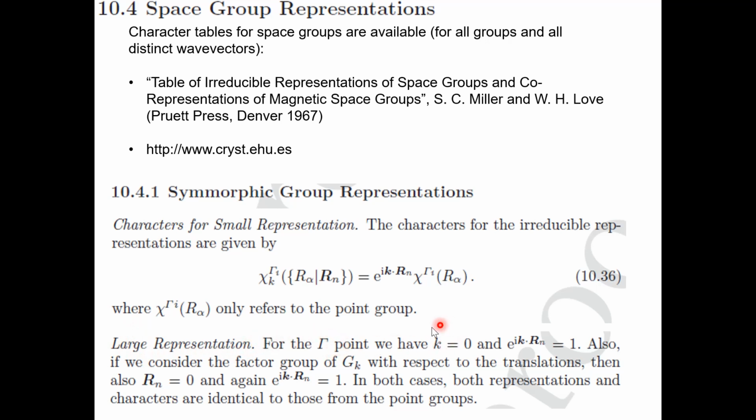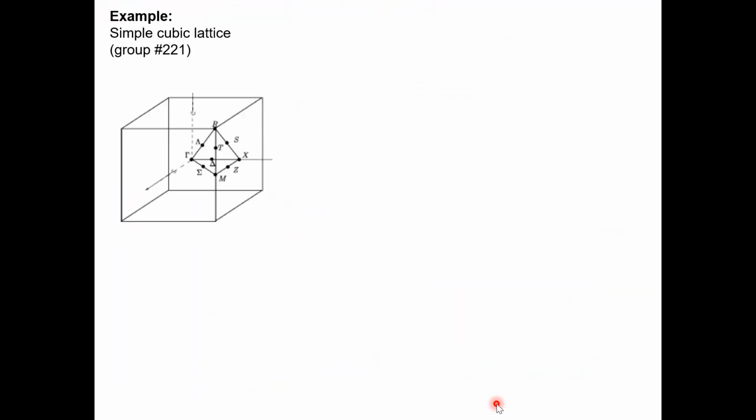It's even simpler, because now we have k equals 0, so therefore this phase factor is already 1 for any choice of a translation vector Rn. So in this case, both the representations and the characters for the group of the wave vector at the gamma point are going to be identical to those that we have studied already for point groups. So this is very reasonable and simple.